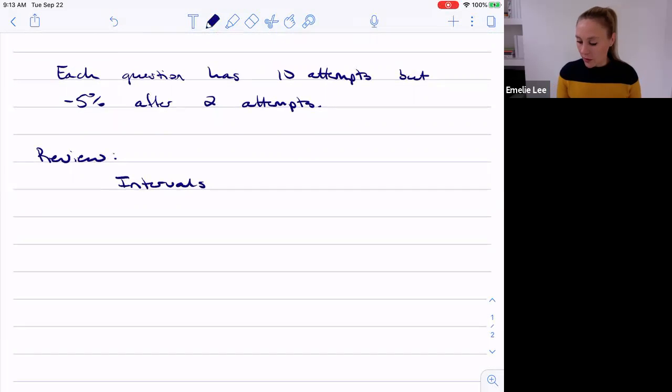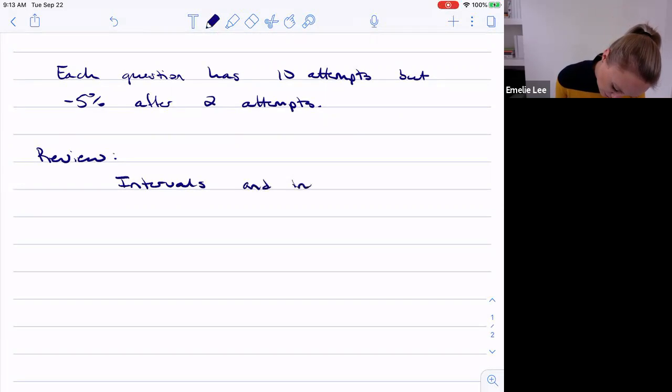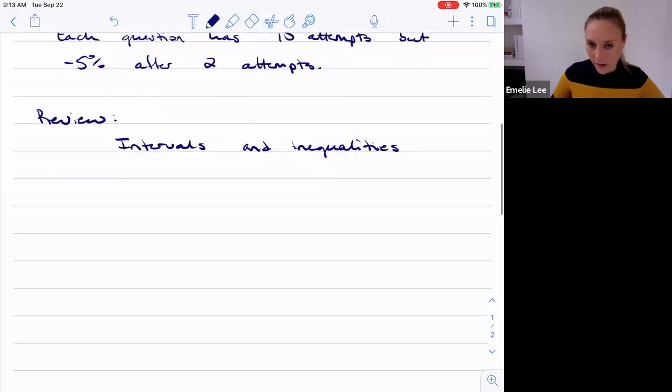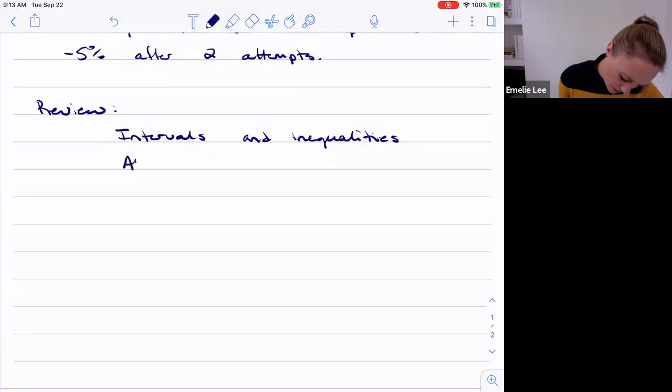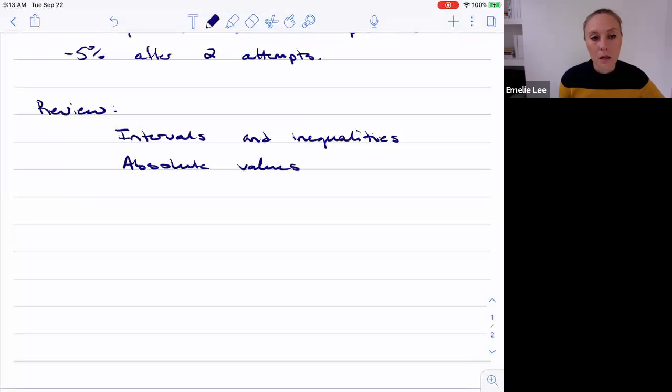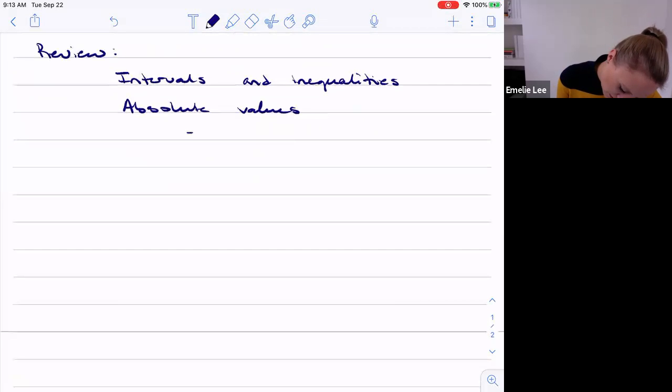So we talked about intervals and inequalities, less than, greater than, all that fun stuff. We talked about absolute values, the absolute value properties, and how we use the absolute value to find the distance between 2 points.